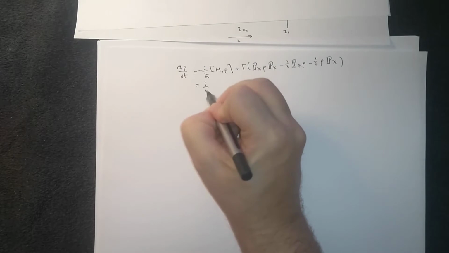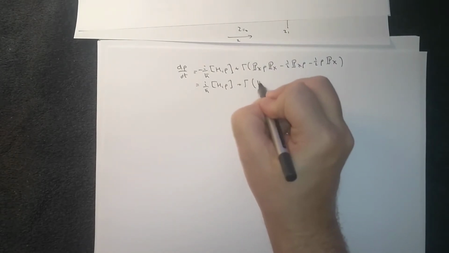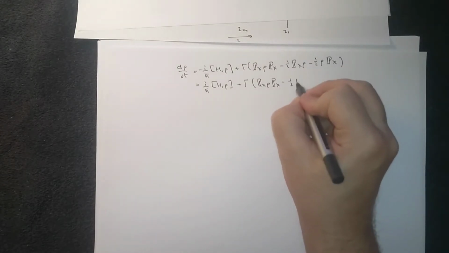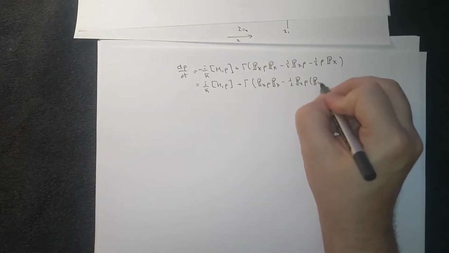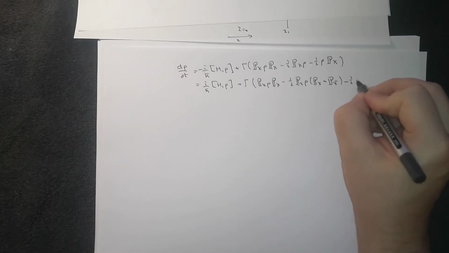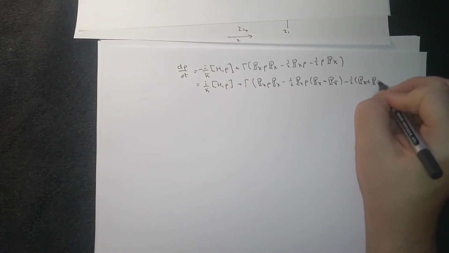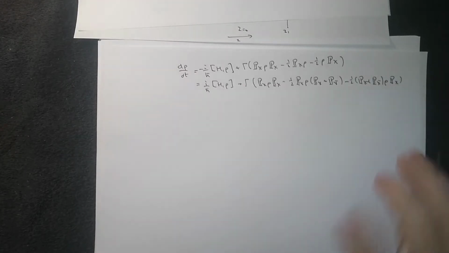Well, I can write that as the following. That's the identity on the other side, which I can write as P_X plus P_X bar. P_X plus P_X bar, rho, P_X.